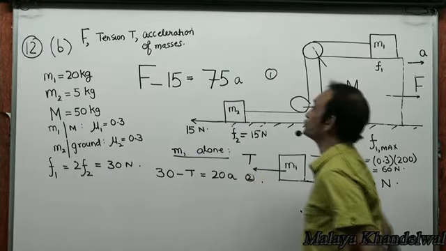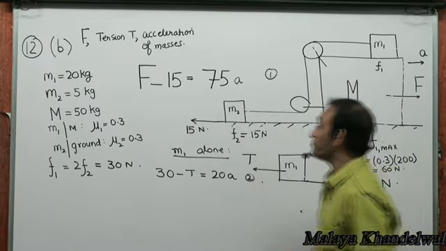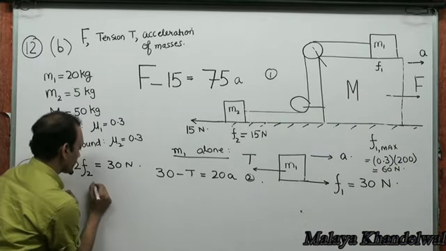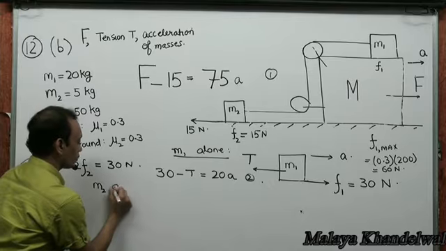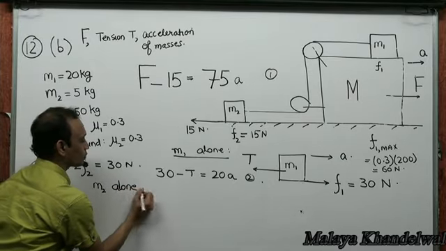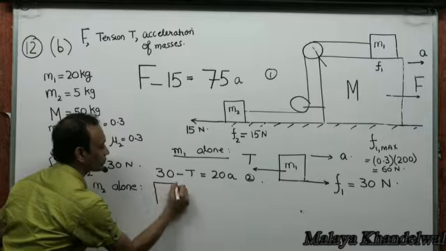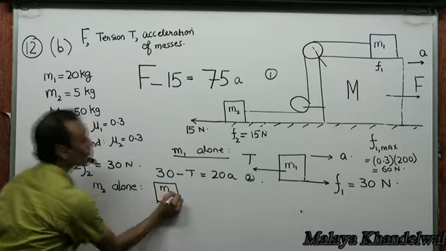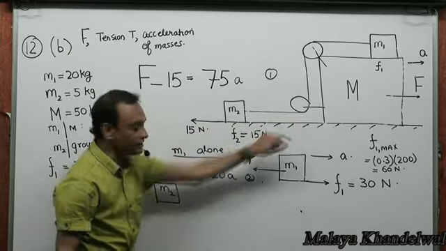Now, look at the free body diagram of M2 alone. This was M1 alone; let me look at the free body diagram of M2 alone. There is T acting to the right.